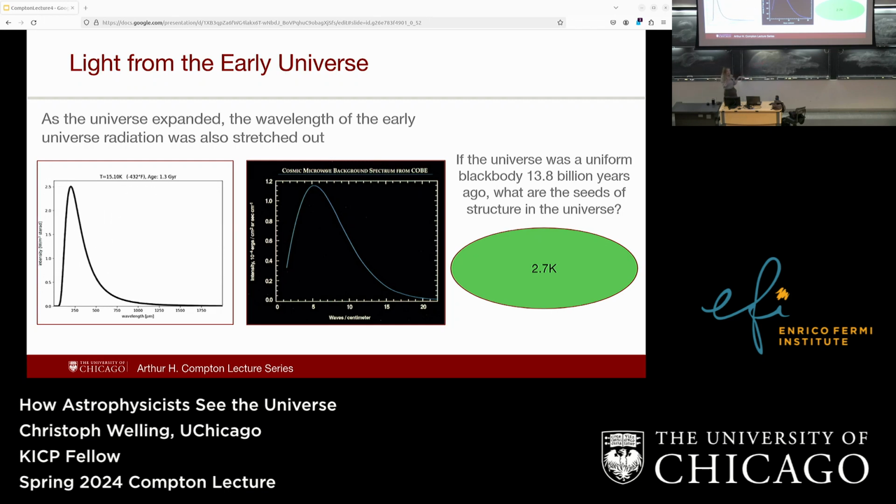We all had ideas that you have some sort of kernels of structure, and then gravity works and builds bigger structure. But if that's what the universe looked like, then we have something entirely wrong. But this is where instrumentation comes to the rescue. Because if we had stopped with the technology of 1965, then we wouldn't have an answer to that question.